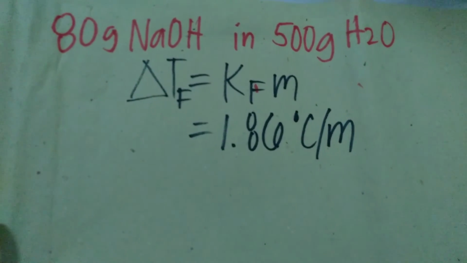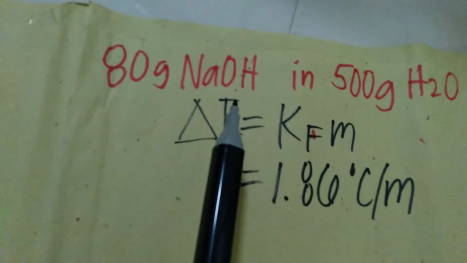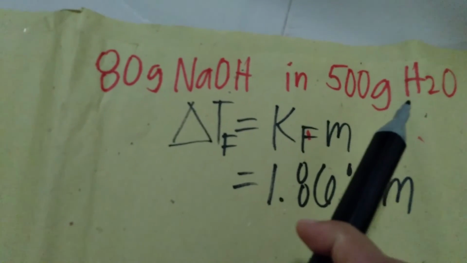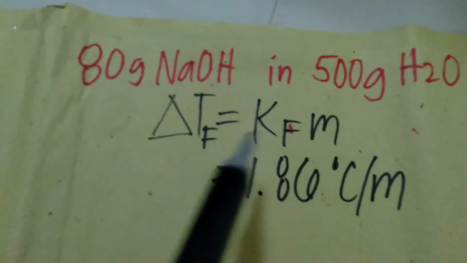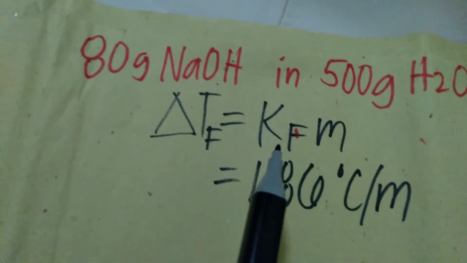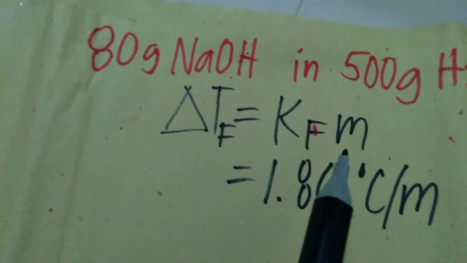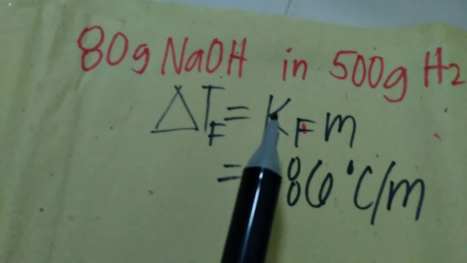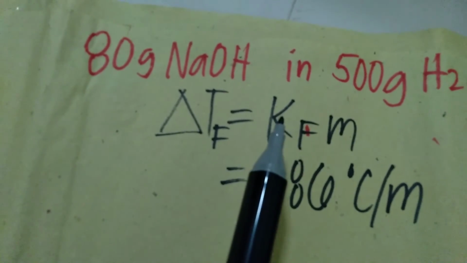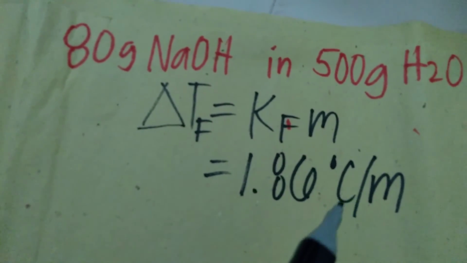So let's try to solve a problem. Here, 80 grams of sodium hydroxide in 500 grams of water. So the formula we're going to use is delta T is equal to the molal freezing point constant multiplied by the molality of the solution. The constant of the water is 1.86 degrees Celsius per molal.